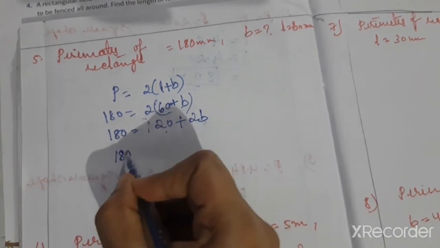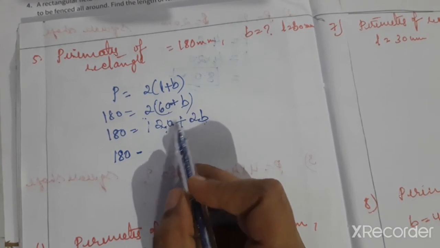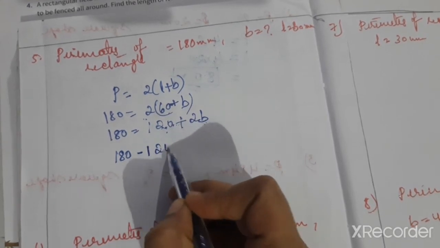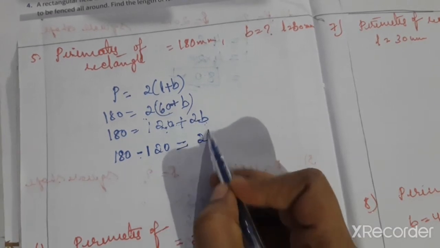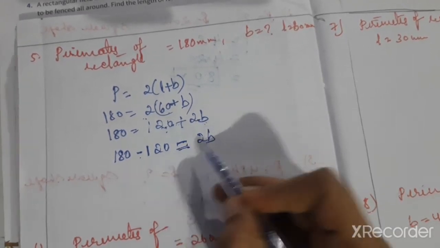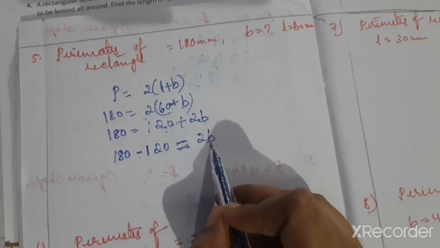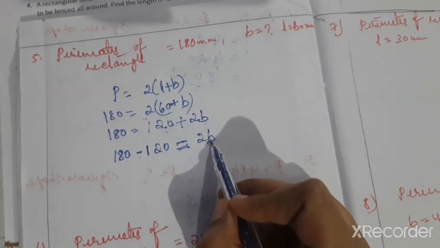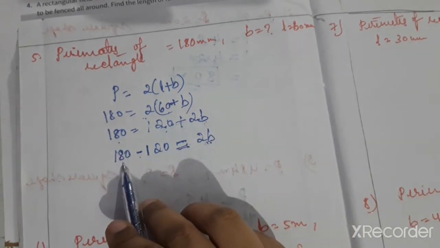Then 180, plus 120 will become minus, because we are changing the right side number to the left side. Place is changed, so the symbol is changed. Equals plus 2B only, because after equals means right side, before equals is left side. So we are writing on the same side: 180 is on the same side, so don't change the symbol.